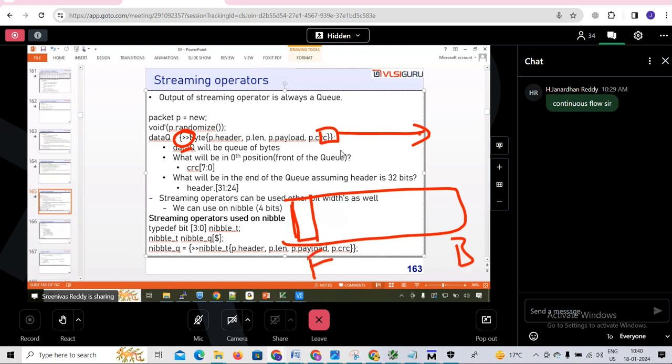Next moment, what will be streamed? The next 8 bits of the CRC, because of that arrow direction. By that time, what will happen? This will go back, and this will come to this.